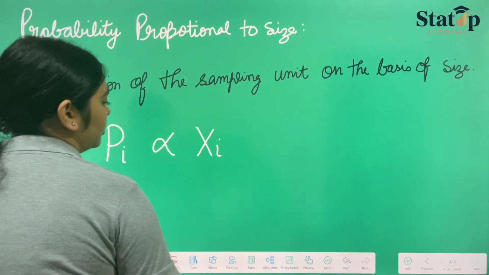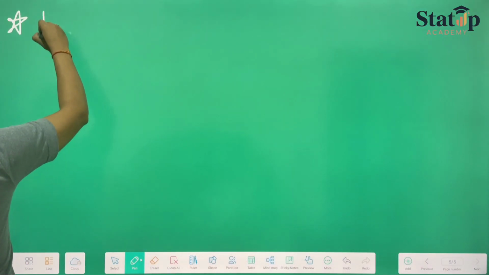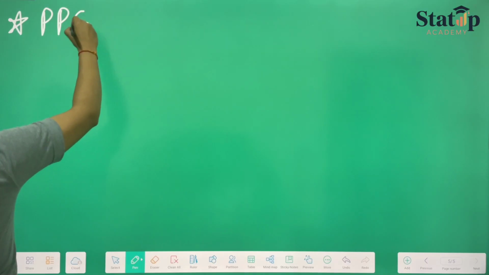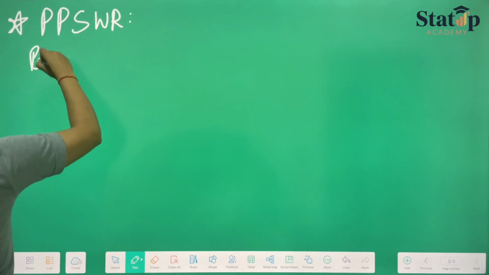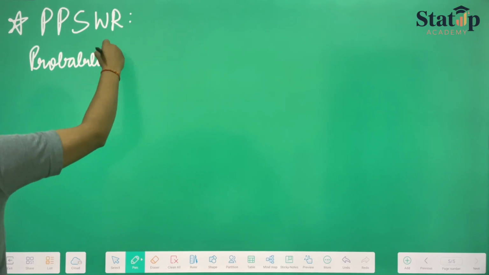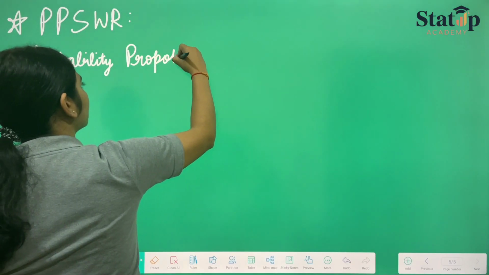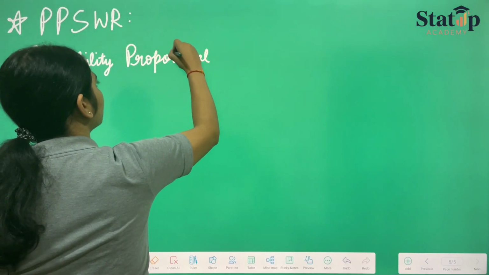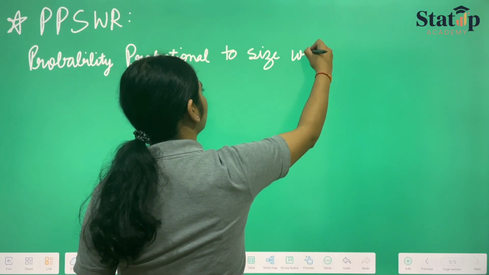So moving on to probability proportional to size with replacement.